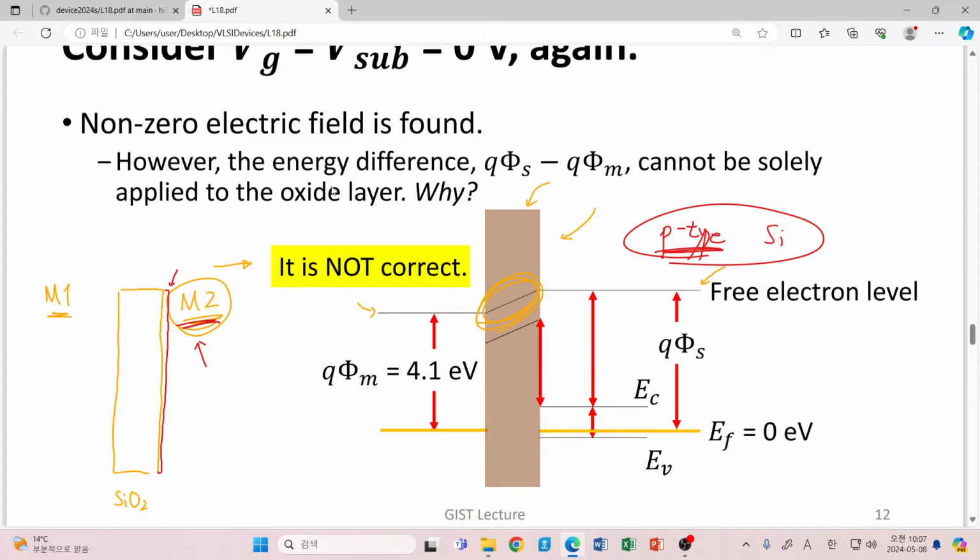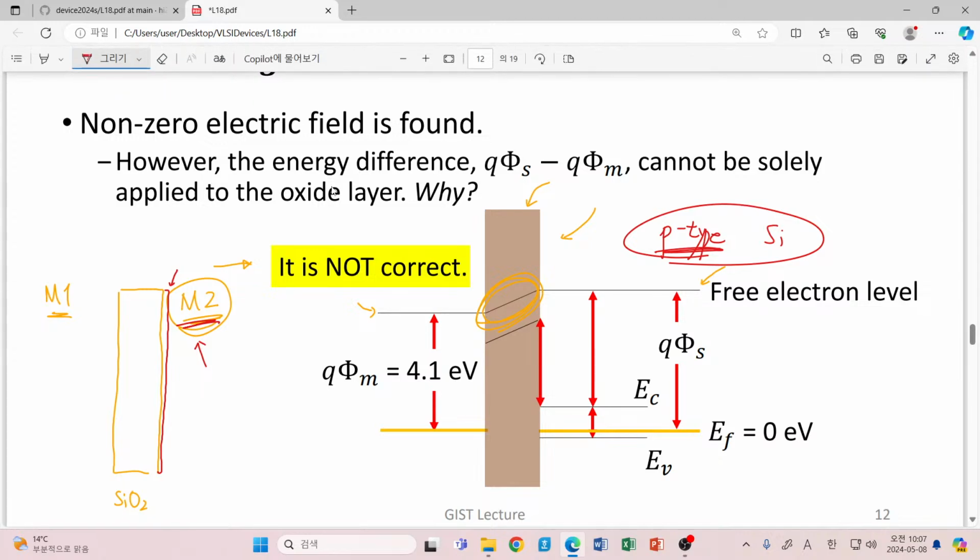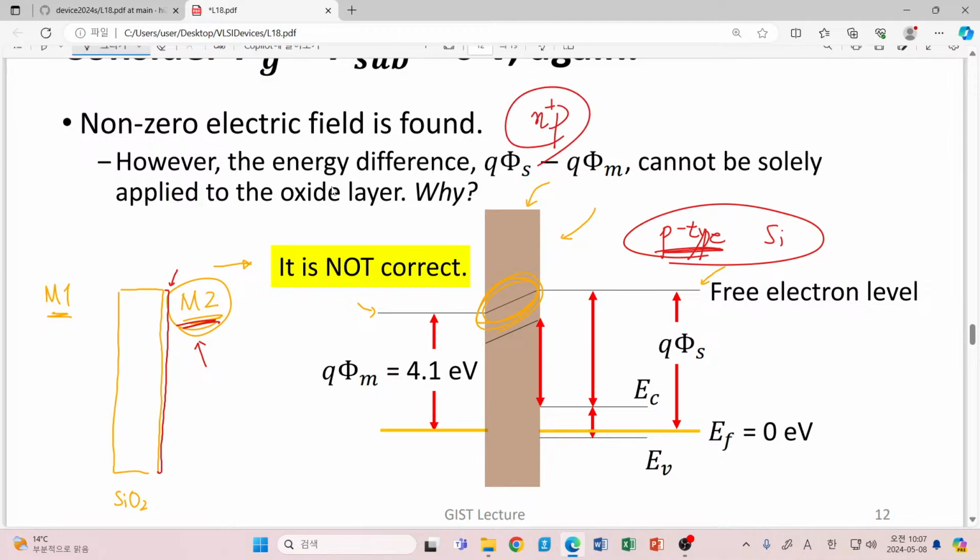But the point is, depletion does not come without any cost. Please note that when we consider an n-plus p junction, who took all of the depletion layer? Only the lowly doped p-type region took all of the depletion layer.